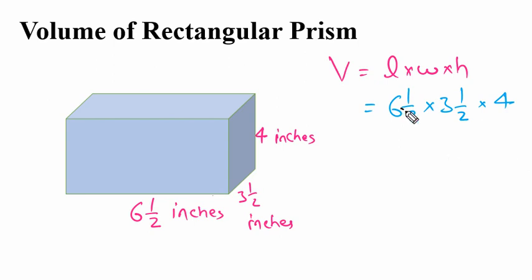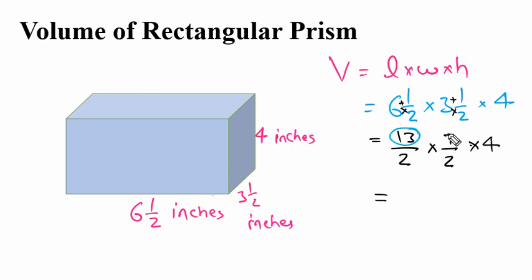6 multiply 2, 12, 12 plus 1, 13. So 13 over 2. 3 multiply 2, 6, 6 plus 1, 7 over 2. Then 4. Now after this you multiply the numerators. What do I mean?